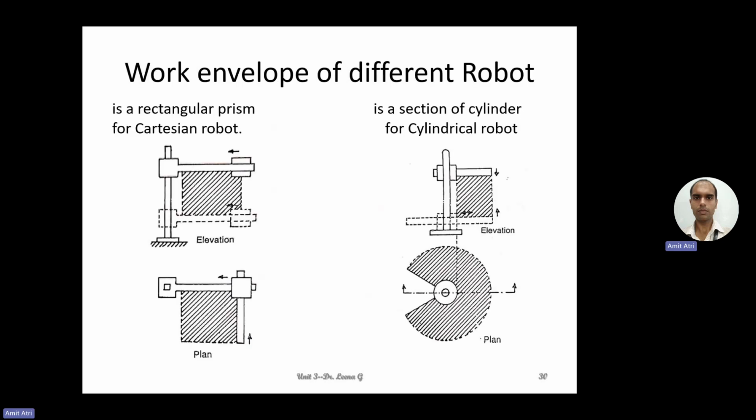So here are the diagrams. The first case is a rectangular prism for the Cartesian robot. Then the second diagram, where the movement is round, is a section of a cylinder for a cylindrical robot, shown in front view and top view.